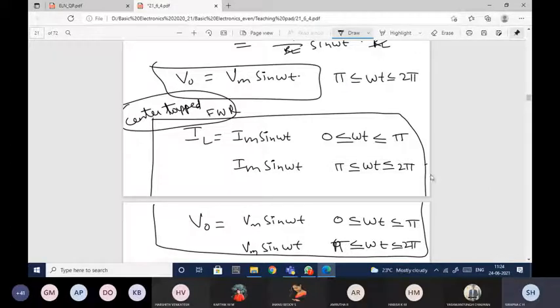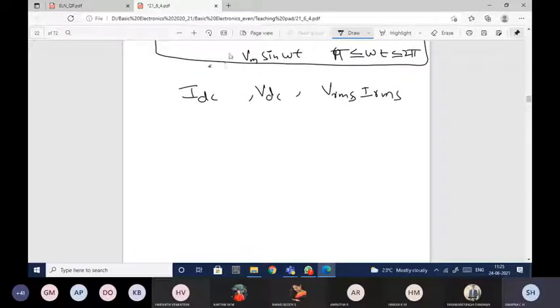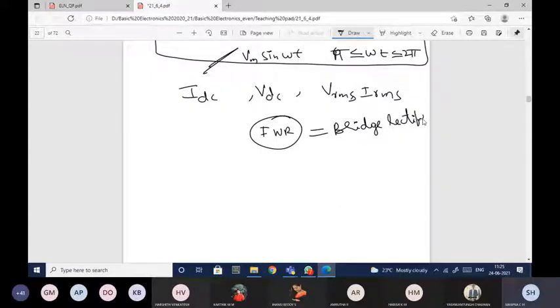But in the exam, if they ask you to calculate IDC, VDC, VRMS, IRMS, efficiency, everything, you can directly use the same equations. It means that whatever derivations we have done for the center tap full wave rectifier are equally valid for your bridge rectifier as well. Same derivations except one, that is PIV.